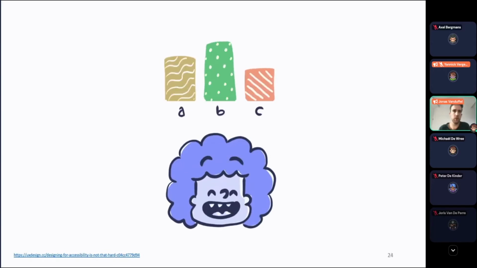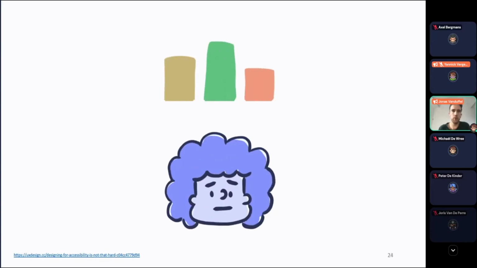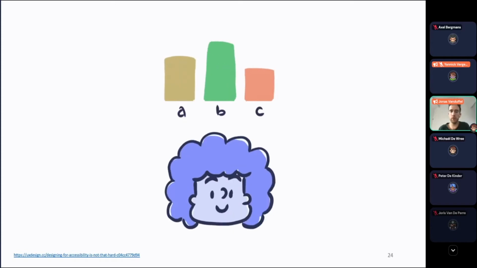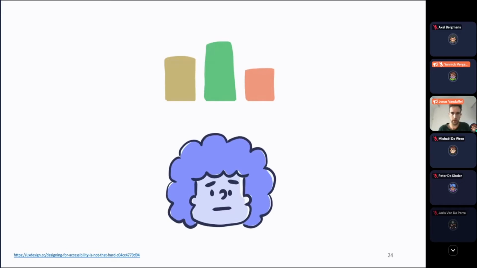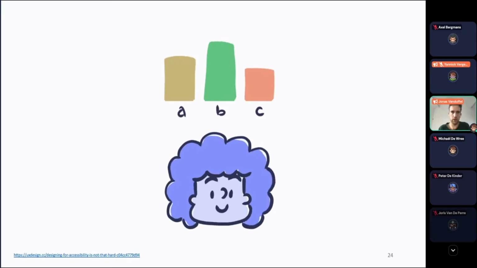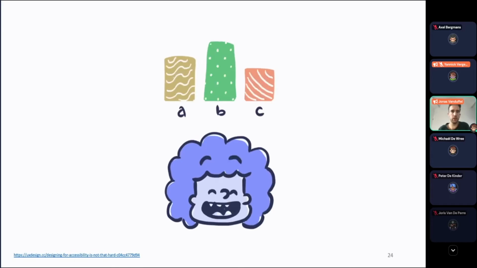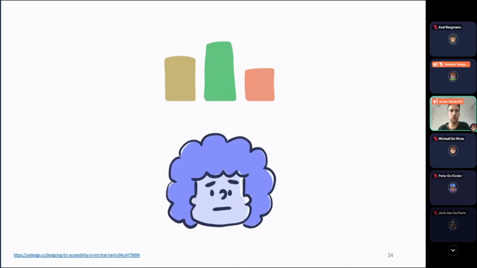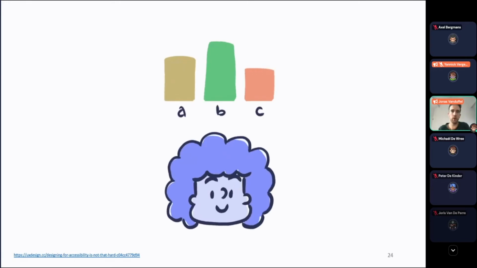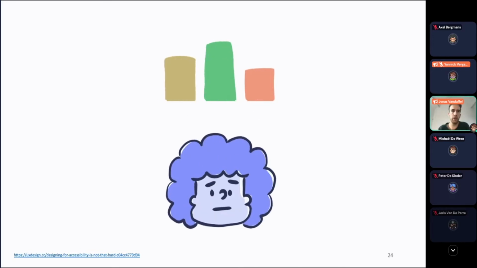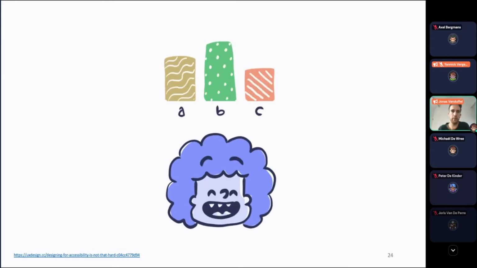If you're only using colors for charts, you might miss people with color blindness or other types of people. But if you include simple labels like A, B, C, and maybe some patterns inside of the graph, people with visual limitations can recognize the differences between the bars, for example, and they can really benefit from it to use your products.